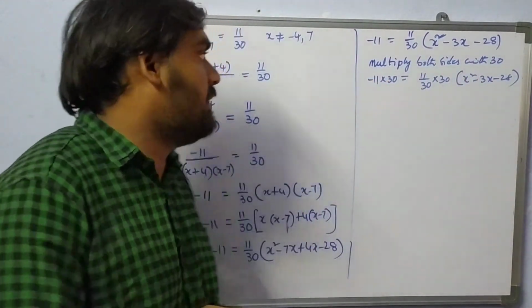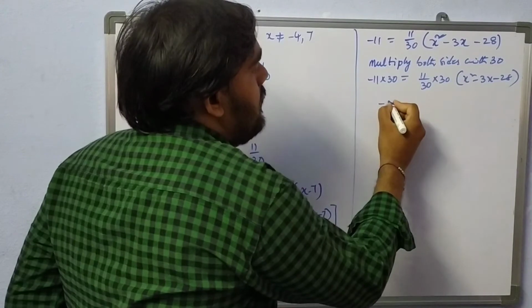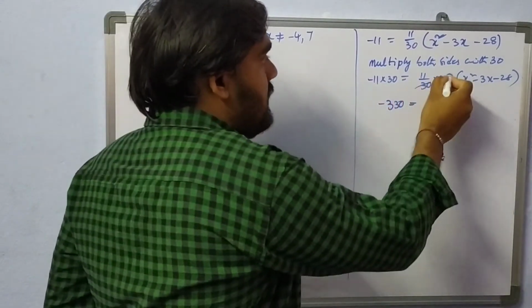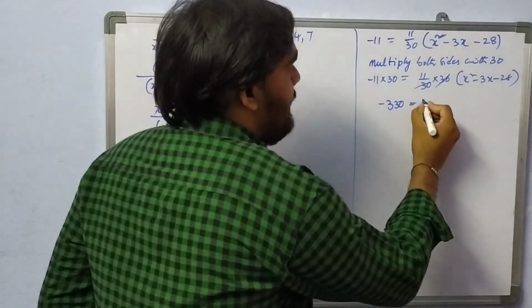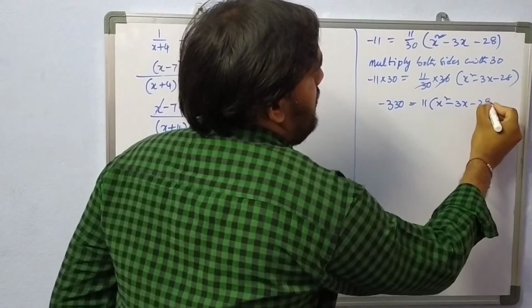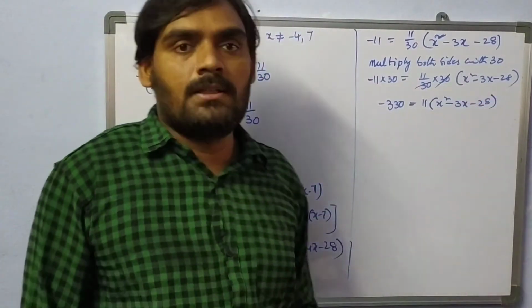Both sides I am multiplying with 30. So this value is minus 330 is equal to, 30 gets cancelled. Now 11 into x square minus 3x minus 28 we got. Now multiply with 11.